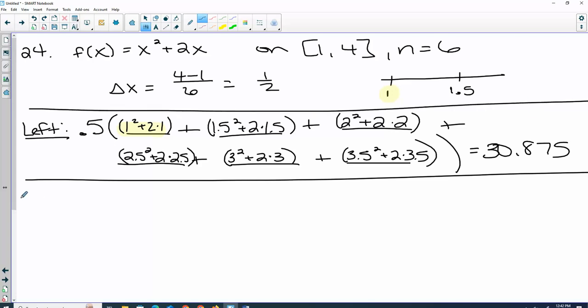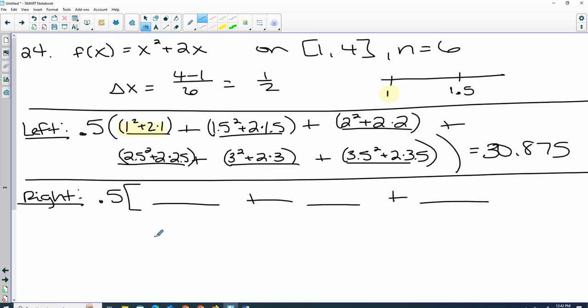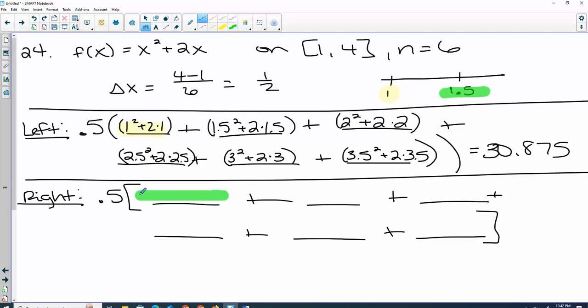So then your right hand sum. It's the same idea. We start with 0.5, because that's our width. We need our 6 numbers that we add up. And so the difference is you are starting with your rightmost point. So the first number we plug in is 1.5.